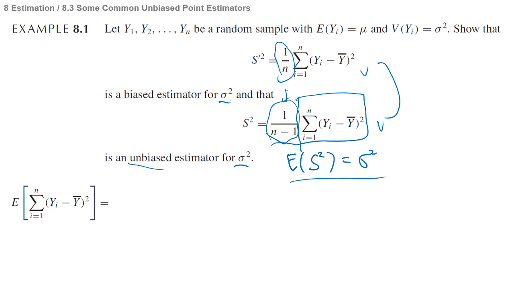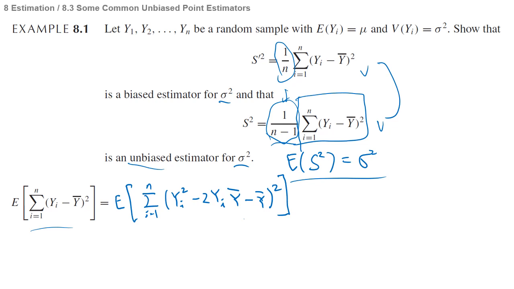So the important part is the expected value of this part. So what is this part? Expected value of sum from i equals 1 to n of yi squared minus 2 yi y bar plus y bar squared.